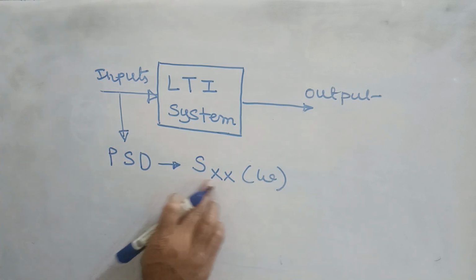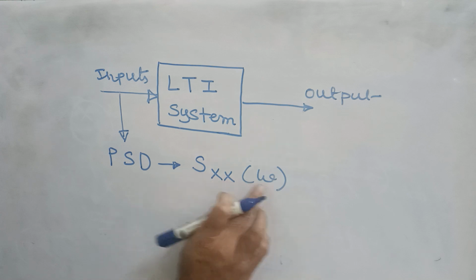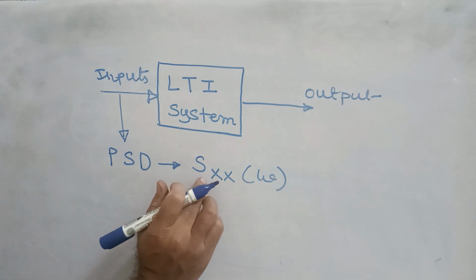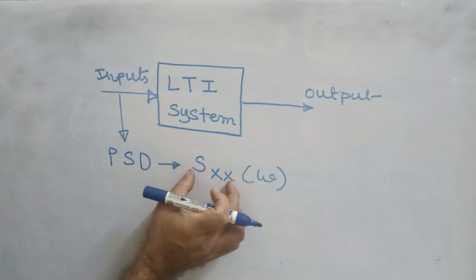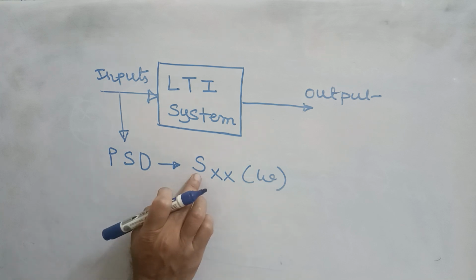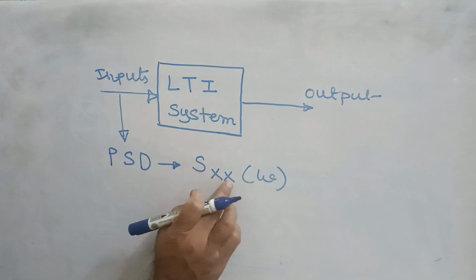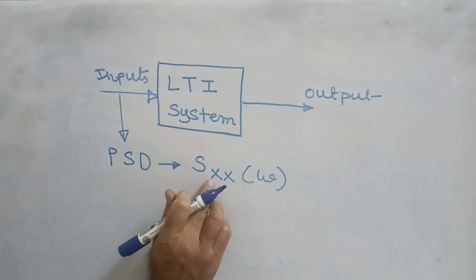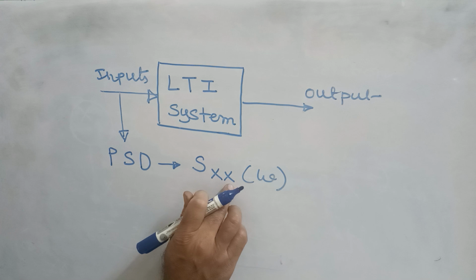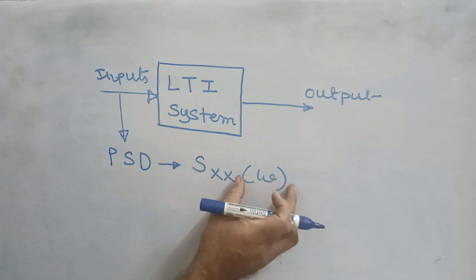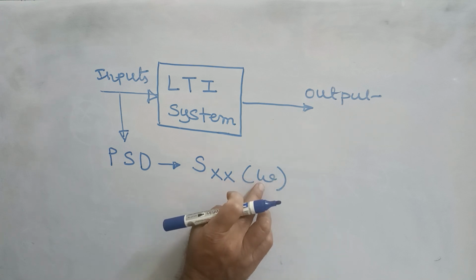Remember that the power spectral density depends on the frequency. The subscript X stands for the random variable.